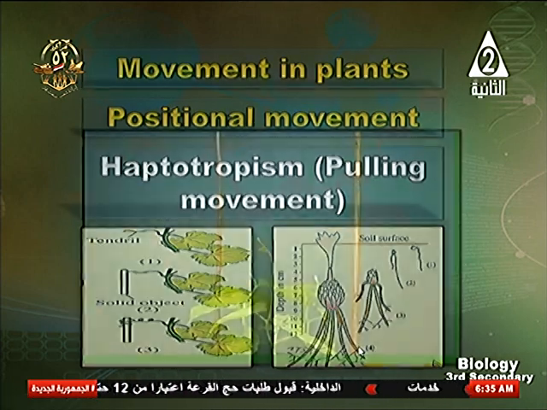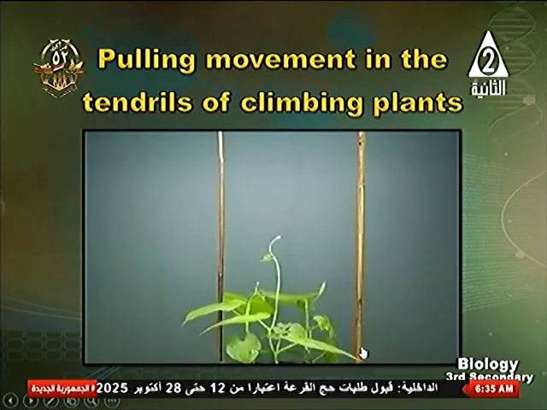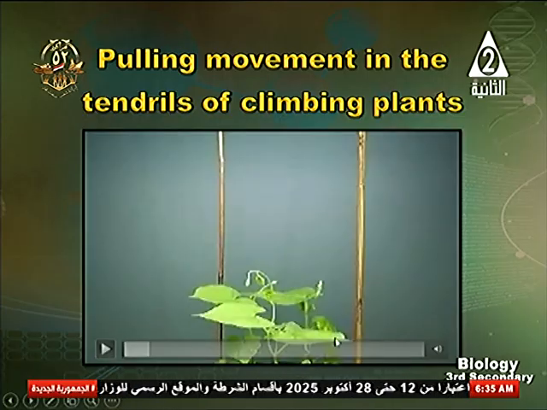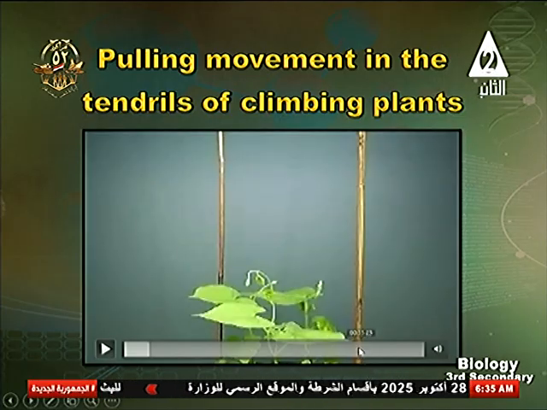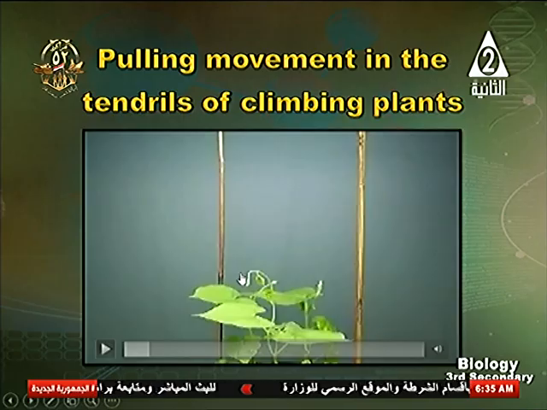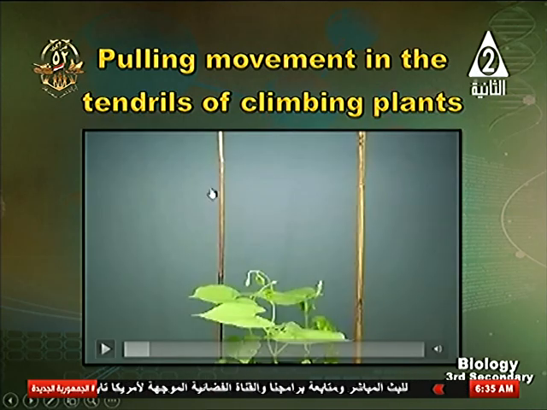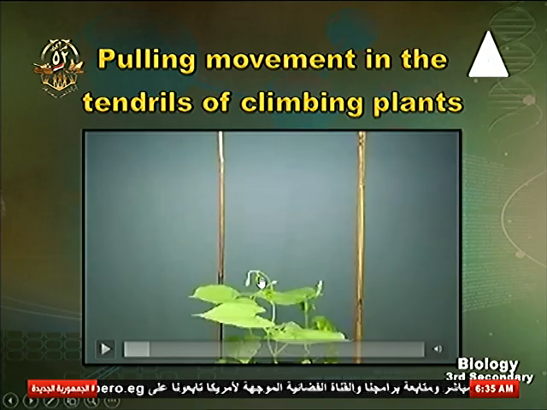Okay, let's see this video. Look, the tendril raises itself up in air to make contact with a solid object. It will search for a solid object, as you will see now.